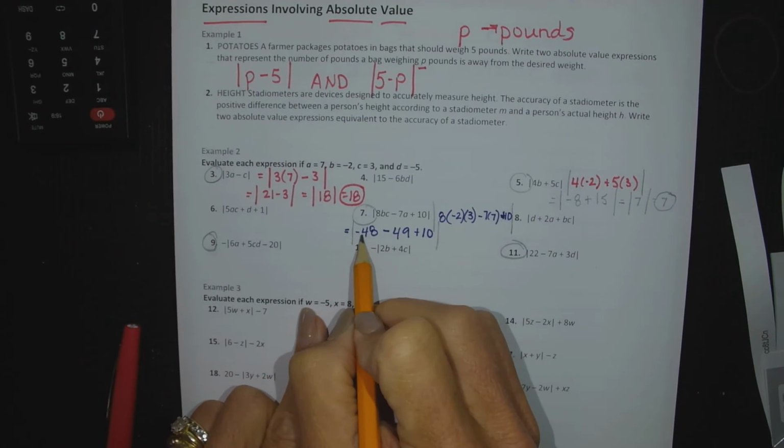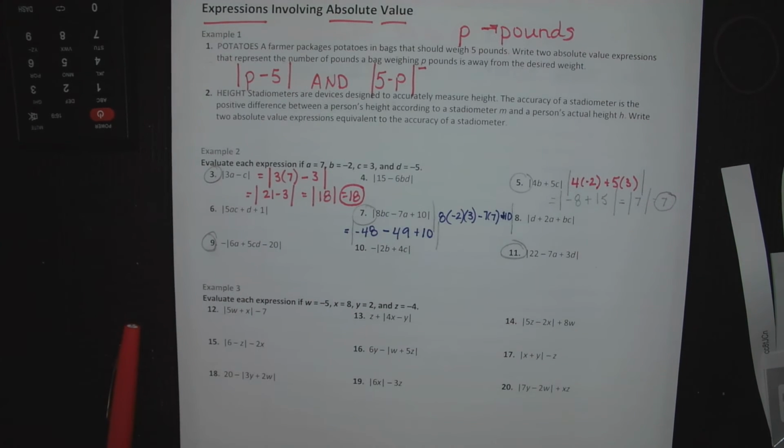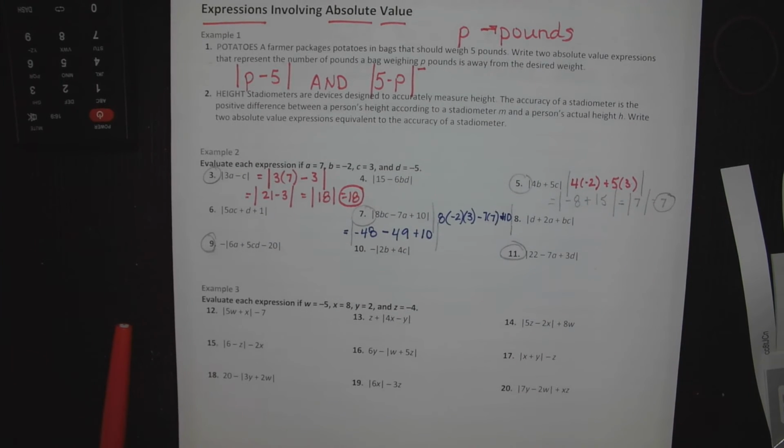Now left to right. -48 minus 49 is what? Guys, you can't do that. This is high school math. -48 minus 49.